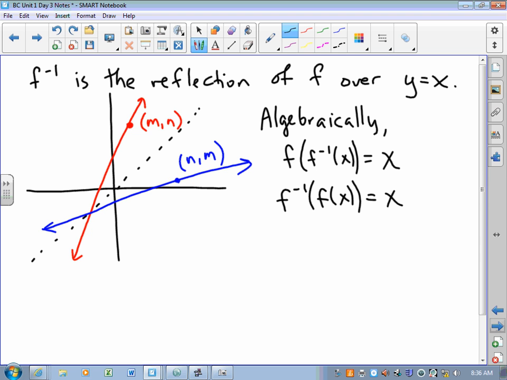Because if you compose a function with its inverse, because they are reflections over y equals x, you get x. So those are all equivalent statements that get made whenever you have a function and an inverse that is also a function.